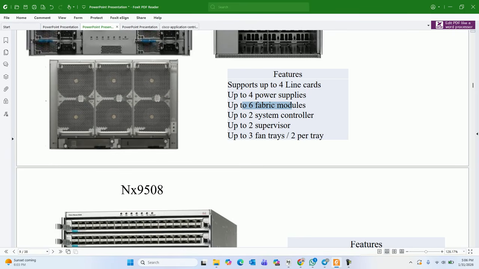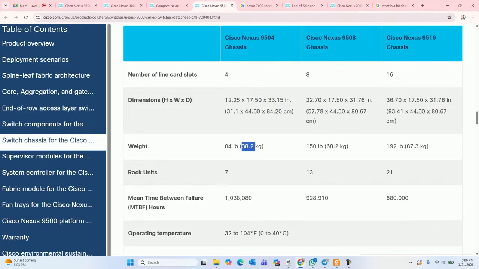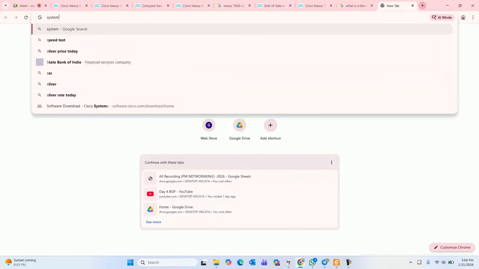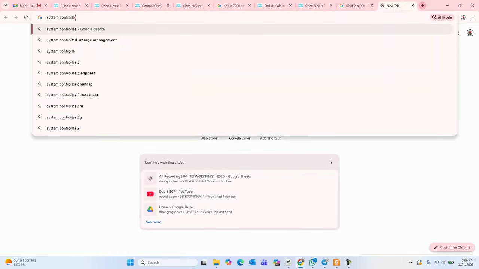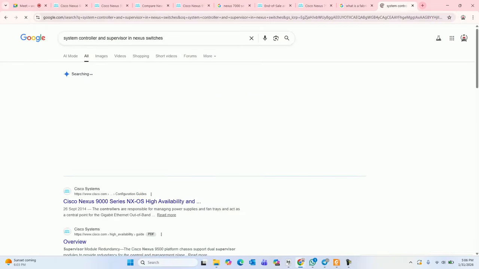But in this chassis, we have these components: the system controller and the supervisor.